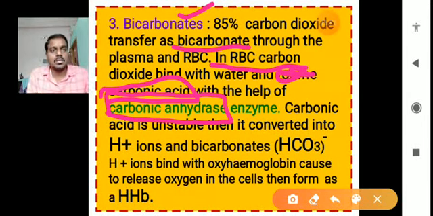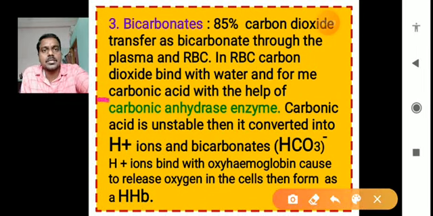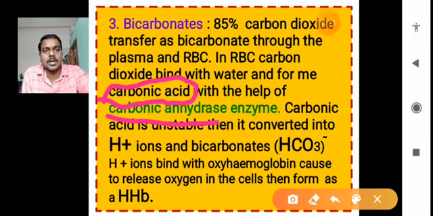When carbon dioxide is converted, the initial intermediate in bicarbonate formation is carbonic acid. Firstly it is formed as carbonic acid, then bicarbonates, with the help of carbonic anhydrase. This carbonic acid is unstable, actually it is not a stable material.